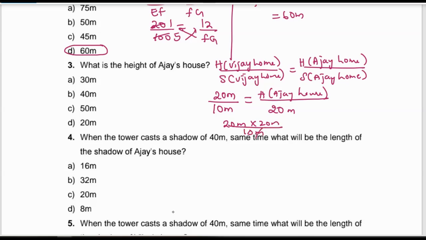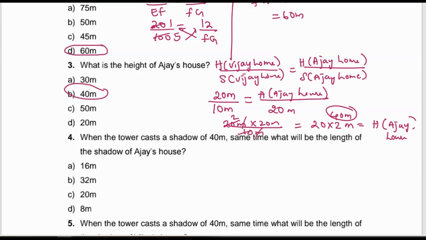So meter and meter cancel, 10 ones are 10, 10 twos are 20. So it will be 20 into 2 meter is the height of the Ajay house. That is 20 into 2 is 40 meter. It will be the answer. So yeah, it is 40 meters.